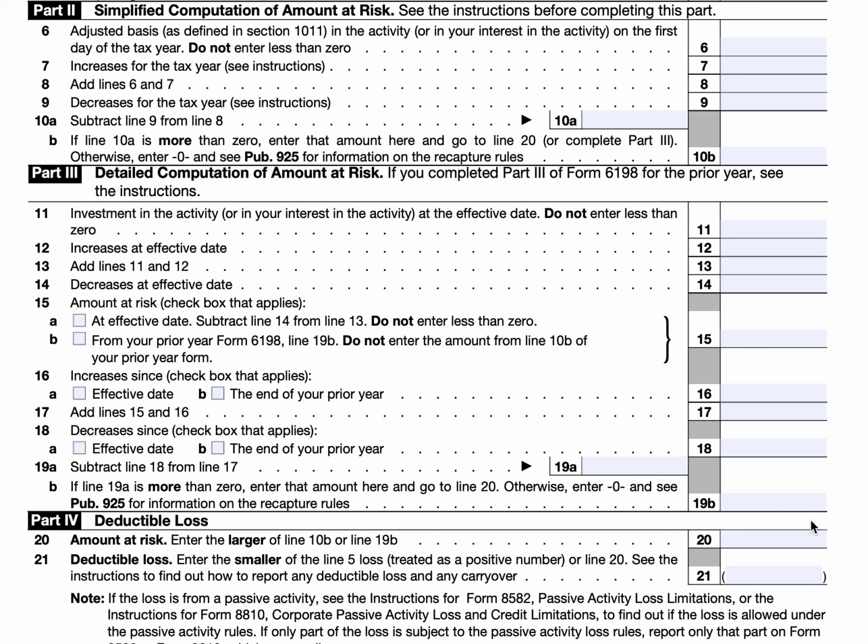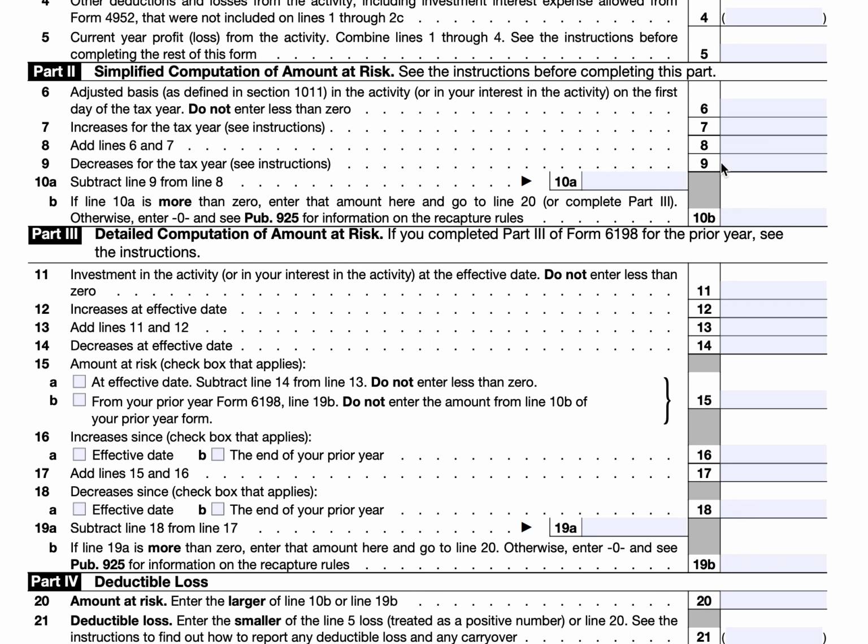And then in the form instructions, they detail how to report deductible losses and then carryovers, and this is what they say. If the loss on line 5 here is equal to or less than the amount on line 20, then you'll report the items in part 1 in full on your tax return, subject to other limitations such as passive activity or capital loss limitations.